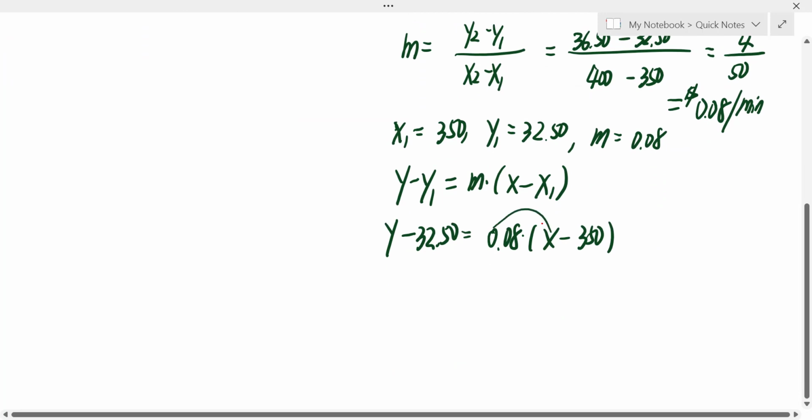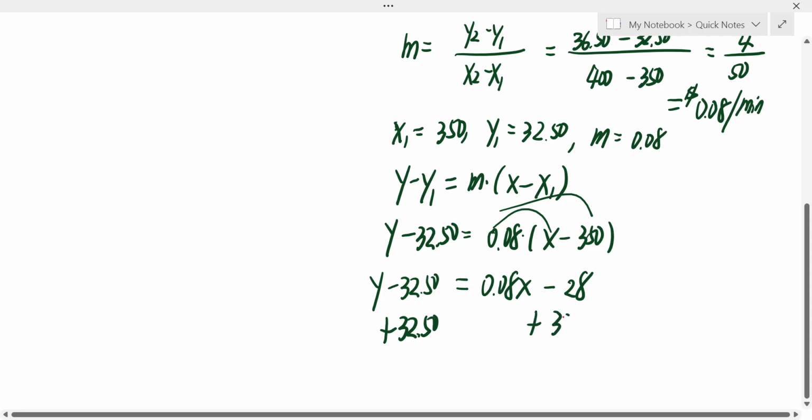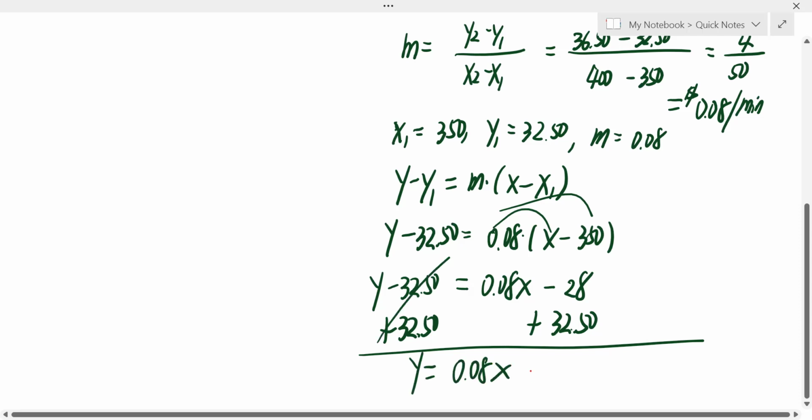Let's distribute it on the right. We get y minus 32.50 equals 0.08x. 0.08 times 350, that is 28. Now from here, we are adding $32.50 to both sides of the equation. Once we cancel that, the y value is by itself, and we get 0.08x plus 4.50.